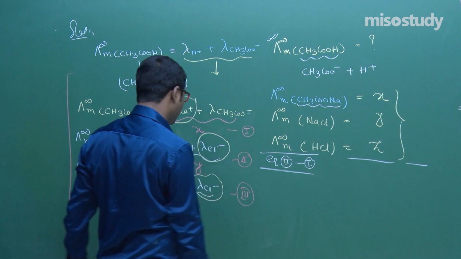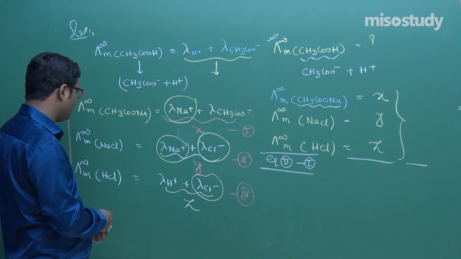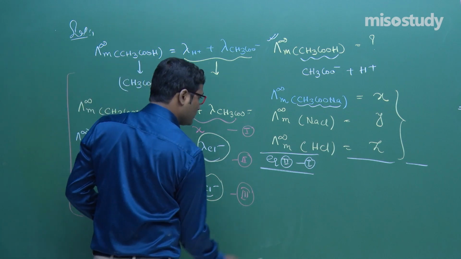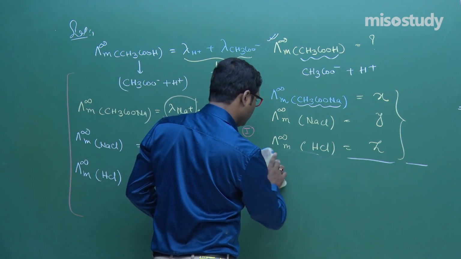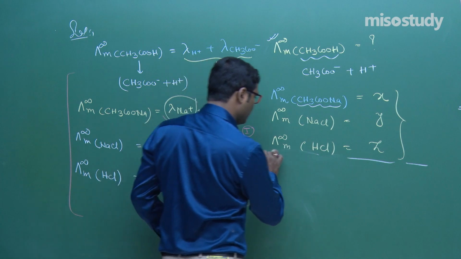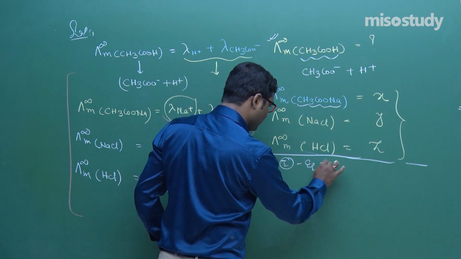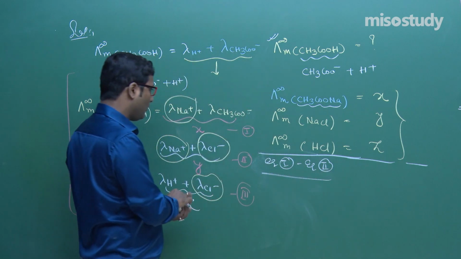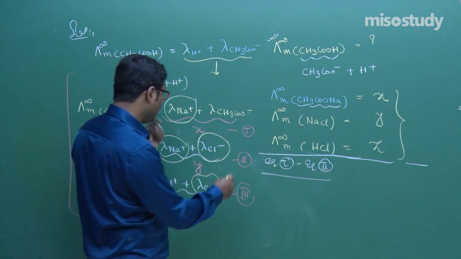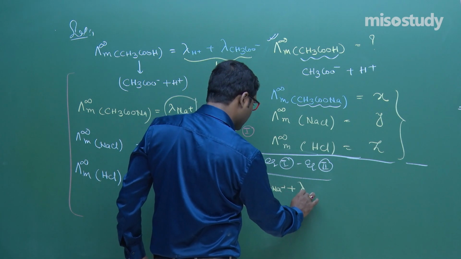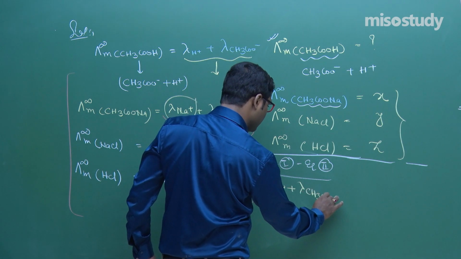Then what will happen if I subtract equation 2 minus 1, or is it better to write equation 1 minus equation 2? Then what will happen? Check it out, my friend. Equation 1 minus equation 2. Yes sir. Now equation 1 is given here: lambda Na+ plus lambda CH3COO-.